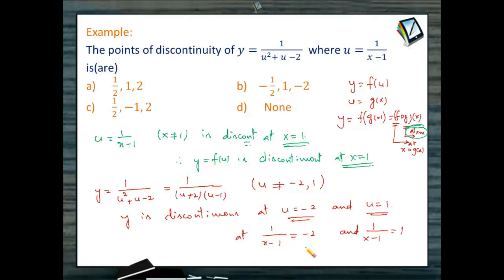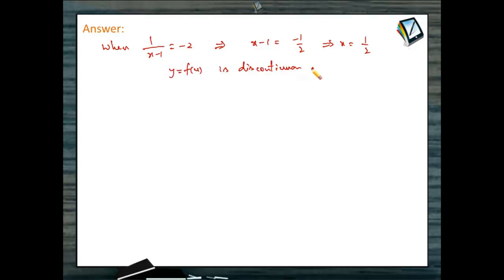Let's verify where these 2 conditions are satisfied. First, when 1 by x minus 1 is minus 2, can we write x minus 1 as minus 1 by 2 so that my x value becomes half. So when x equal to half, the function y equal to f of u is discontinuous at x equal to half.